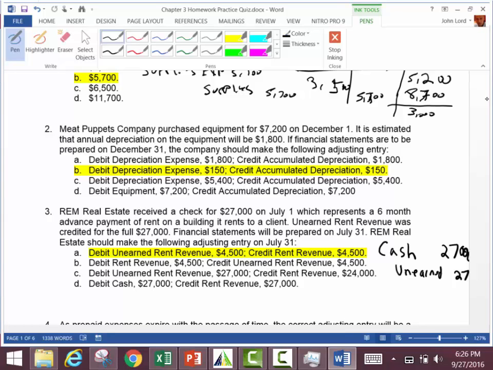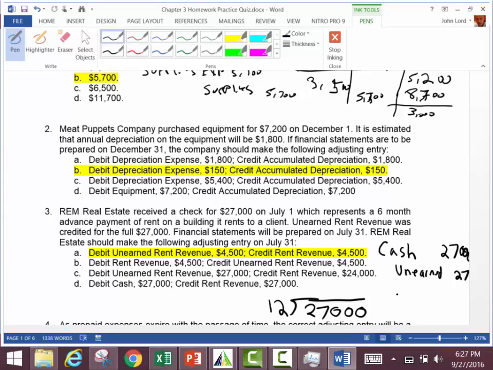So how do you want to handle that? Show me the calculation. You can put it right here, the calculation, to get how you're going to figure out 1 month's worth. Usually I would put 27,000 over 12, but that's okay.